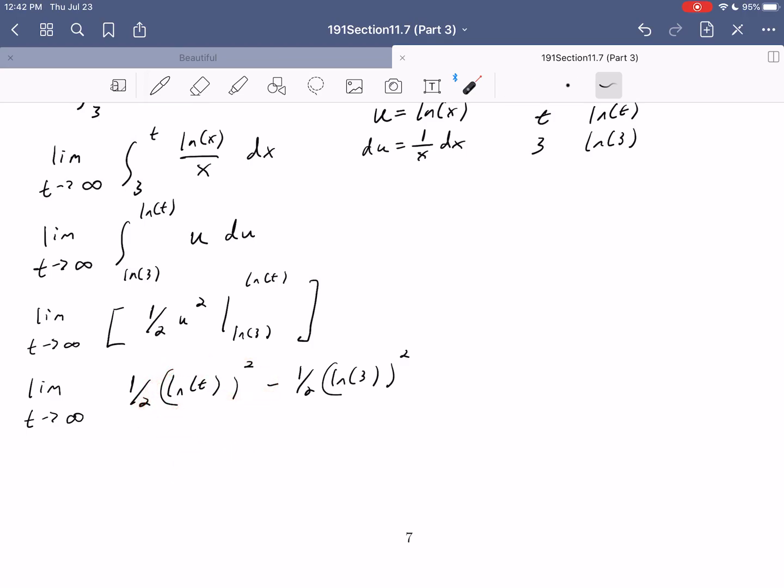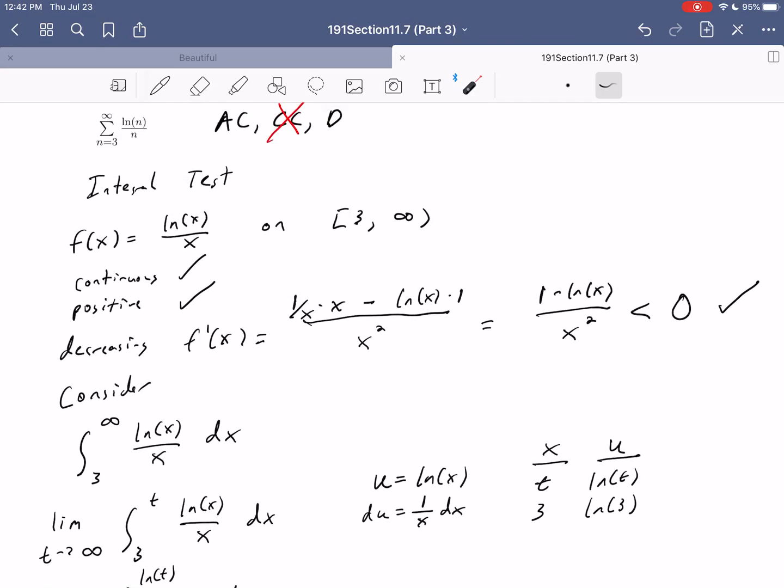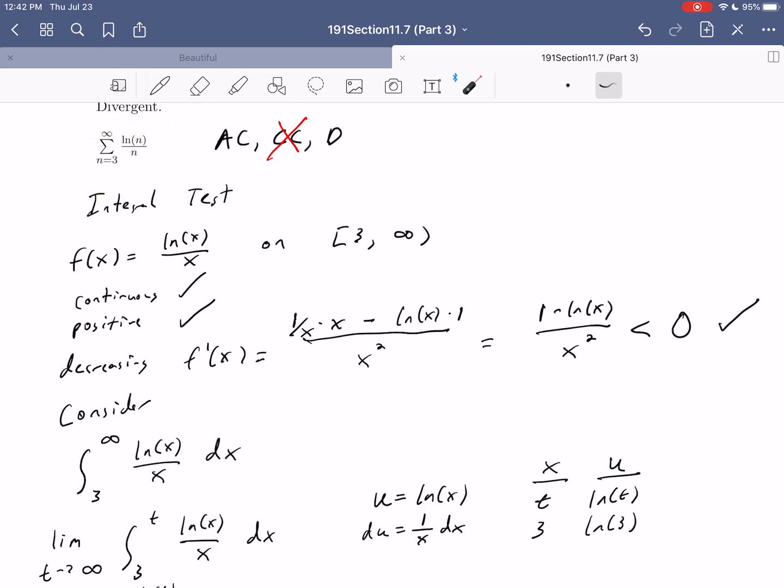Squaring it is just going to make it go there even faster. So this heads towards positive infinity. So the improper integral diverges. So by integral test, since we checked all the conditions, our series diverges. So this series back up here is a divergent one.